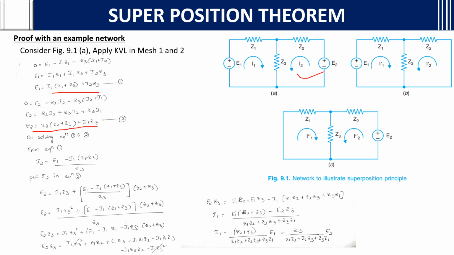After writing, on solving equations 1 and 2, from equation 1, I2 is equal to E1 minus I1 (Z1 plus Z3), divided by Z3. Putting this I2 in equation 2, you will get the I1 current, meaning the mesh 1 current.